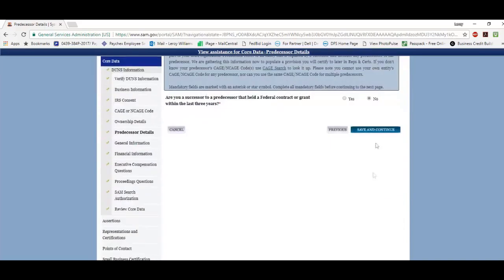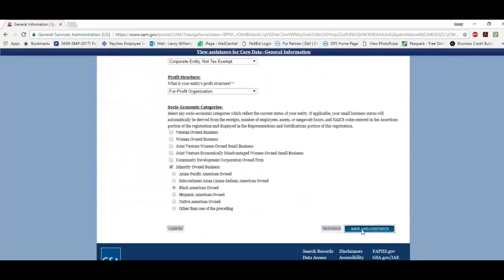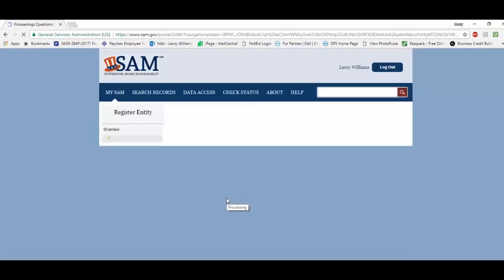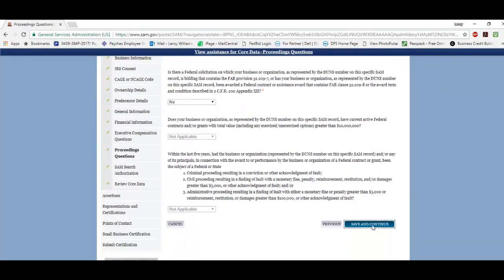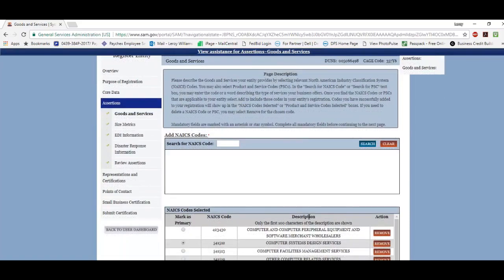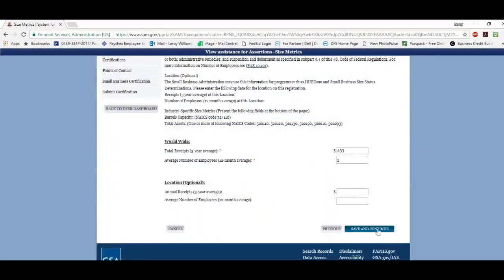You can probably fast forward through this, because right now we're at reps and certs and this thing is forcing me to go through all the pages again.